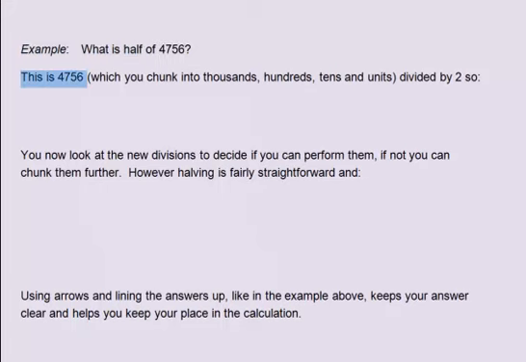This is 4,756, which you chunk into thousands, hundreds, tens and units, divided by 2. So 4,756 divided by 2 equals 4,000 divided by 2 plus 700 divided by 2 plus 50 divided by 2 plus 6 divided by 2.